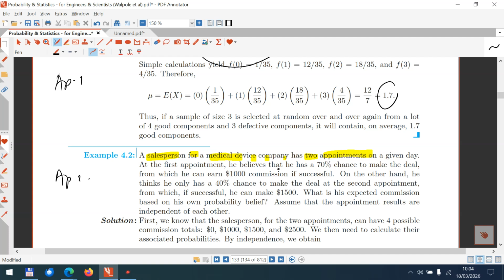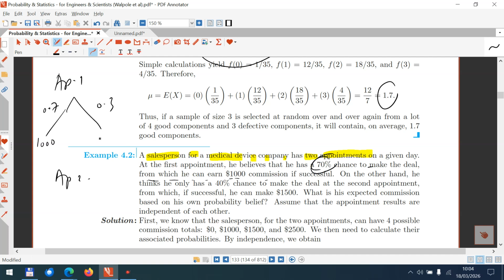At the first appointment, he believes he has a 70% chance to make the deal, from which he can earn $1,000 commission if successful. So in the first appointment, he has 0.7 probability, right? 70% chance of having a deal. And when he has the deal, he can earn $1,000.